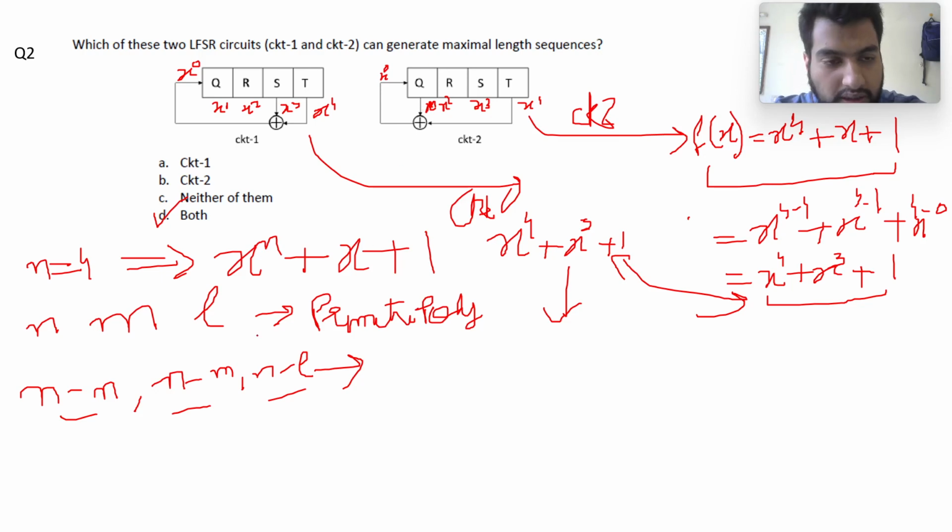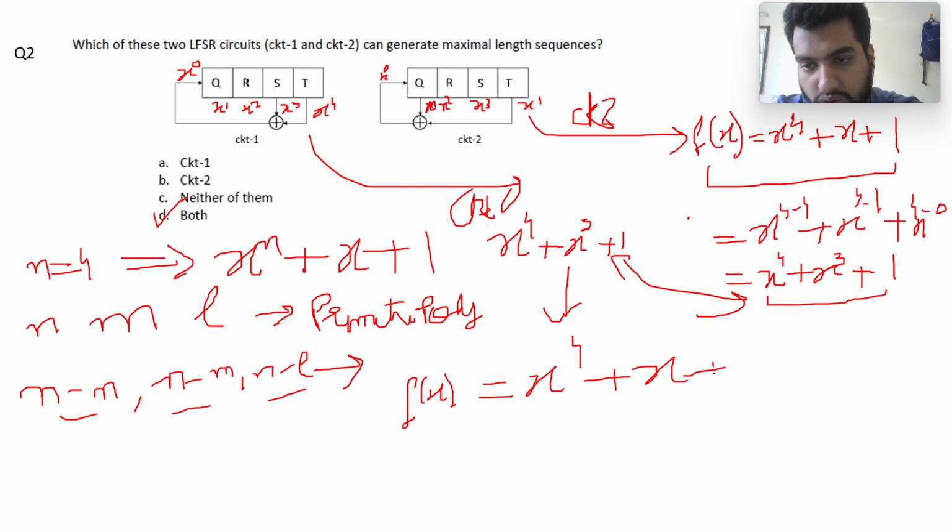So for circuit 2, the primitive polynomial that it generates is f of x equal to x raised power 4 plus x plus 1. So this is a primitive polynomial, and using this property we can also say that x raised power 4 plus x raised power 3 plus 1 is also a primitive polynomial.